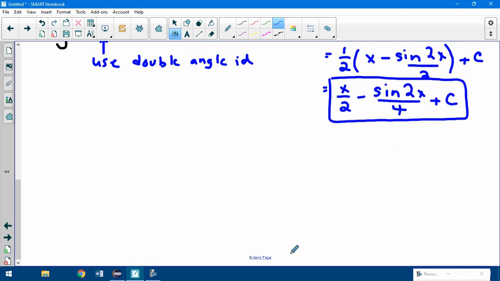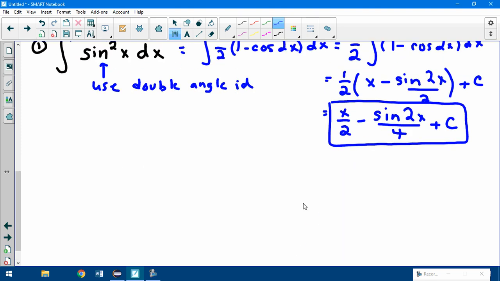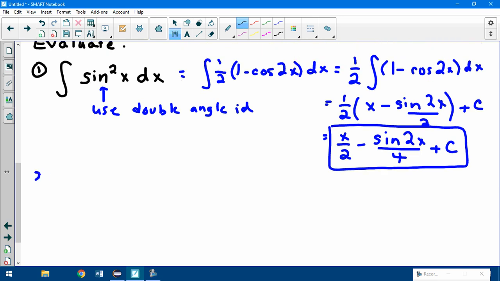All right, I don't think it should be any big surprise that the integral of cosine squared of x should be the same. Let's try it. The integral of cosine squared of x dx. So again, I see a squared in here.